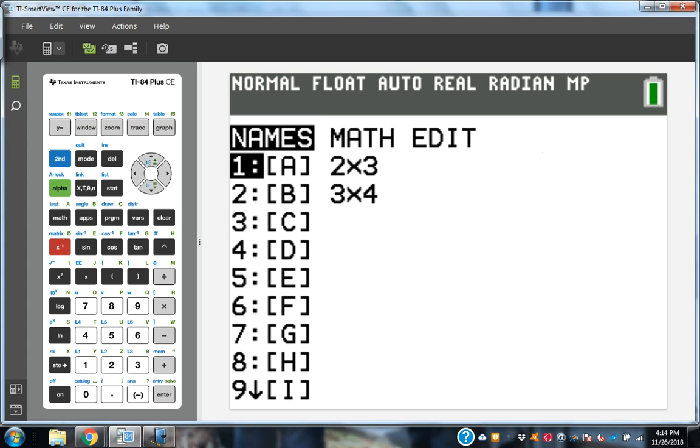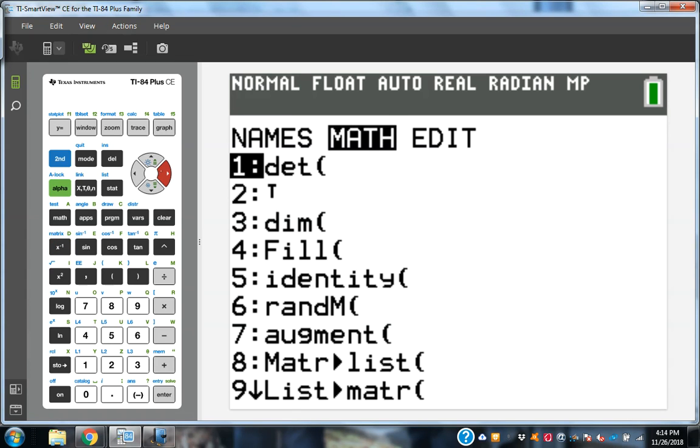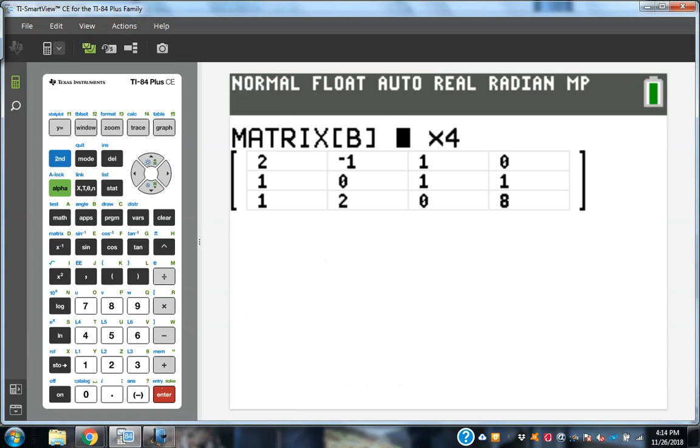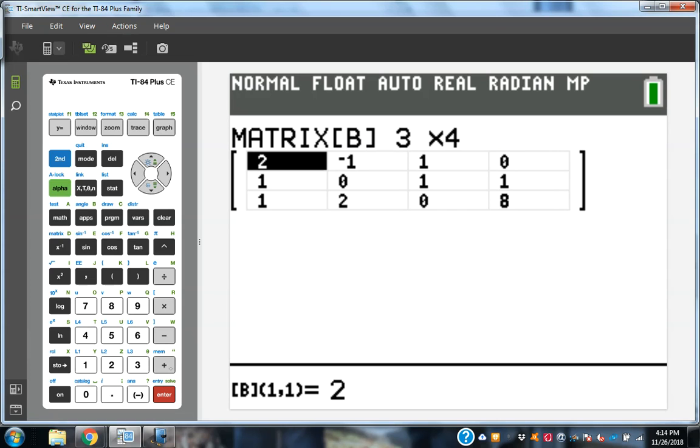So second matrix. I'm going to go over to edit, and I'm just going to edit matrix B and use it. It's already the right size. I'm just going to put the stuff in there.